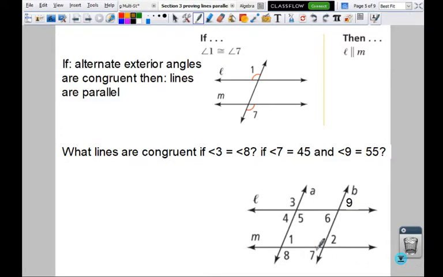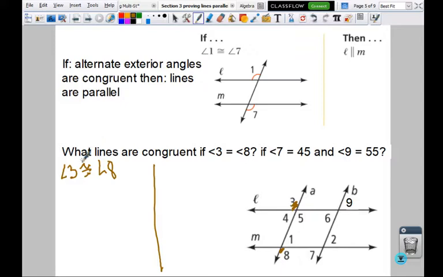So just like we've been doing, let's look at angle 3 and angle 8 on this big shape down here. Angle 3 is congruent to angle 8. It says they're congruent to each other, right? Are they alternate exterior?